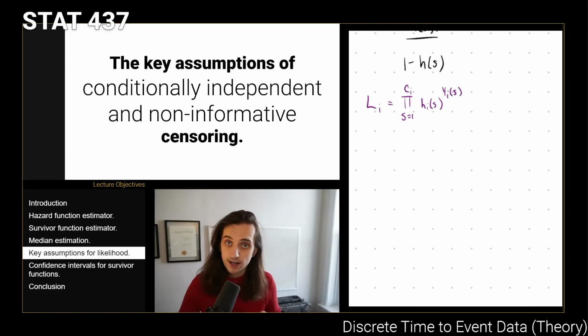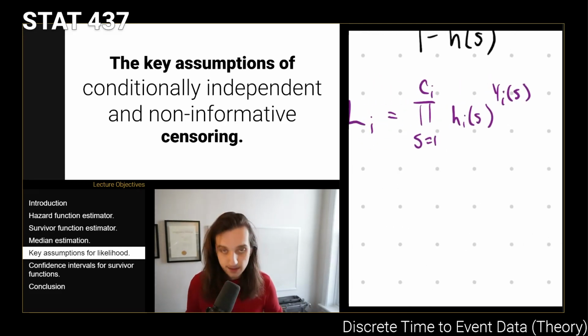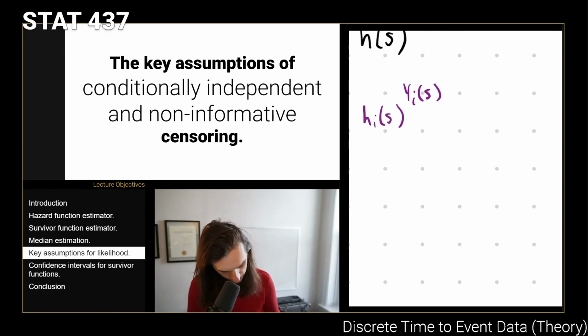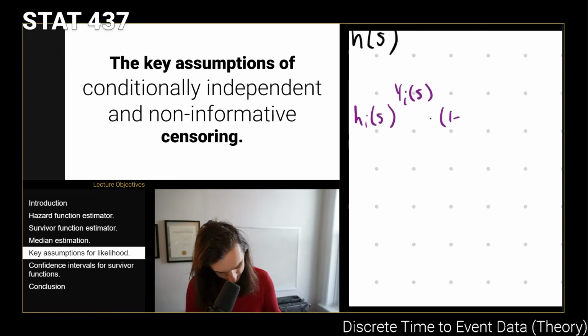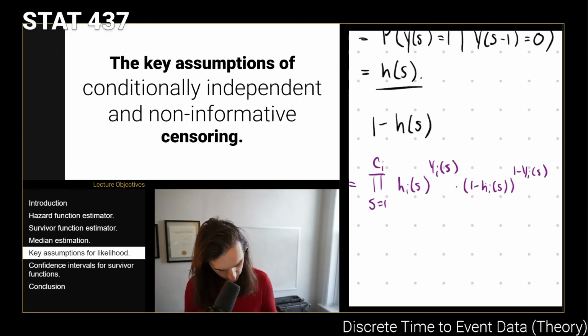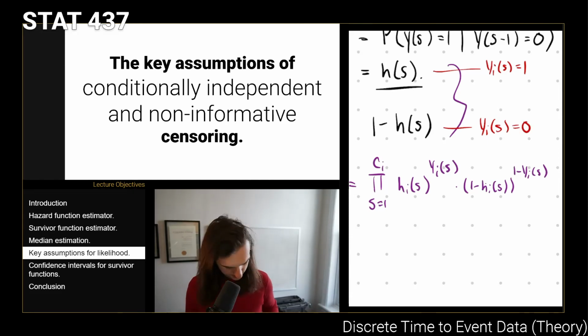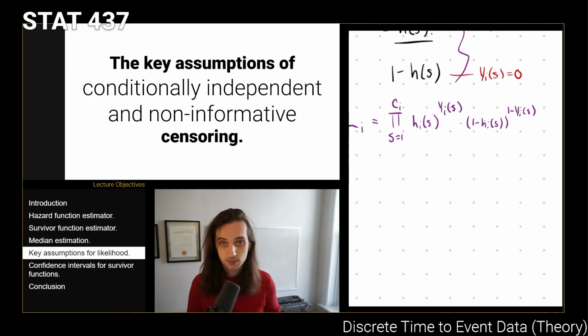Because if yi of s takes on the value of 1, then we want the hazard function. And otherwise, we want 1 minus hi of s, and we're going to put that to the power of 1 minus yi of s. So here we take what we were just talking about: if yi equals 1, we get this, and if yi of s equals 0, then we get this. And so this is the likelihood contribution for one individual.